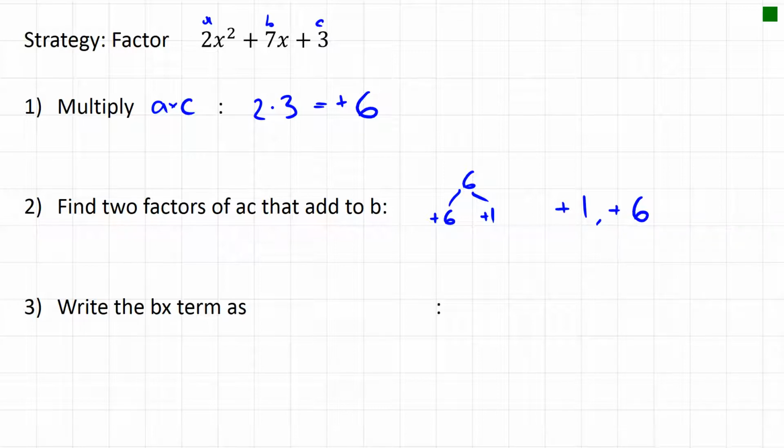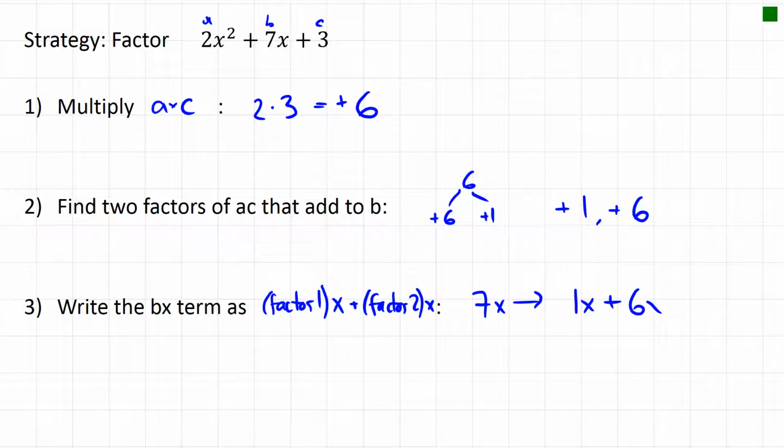So this is where things get a little bit different. We're going to write that bx term as factor 1 x plus factor 2 x. So 7x we're going to write instead as 1x plus 6x.